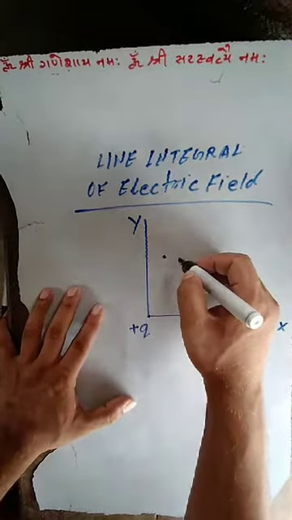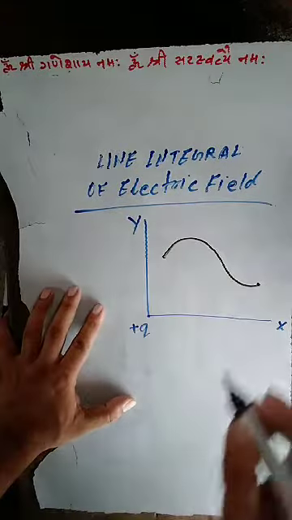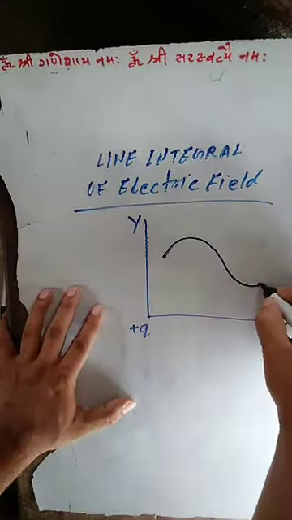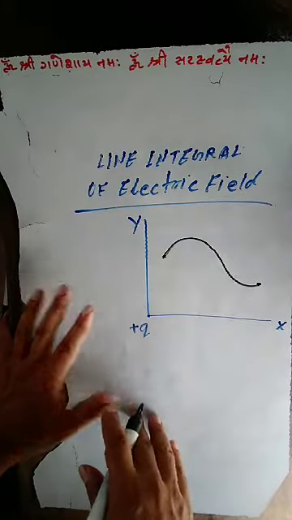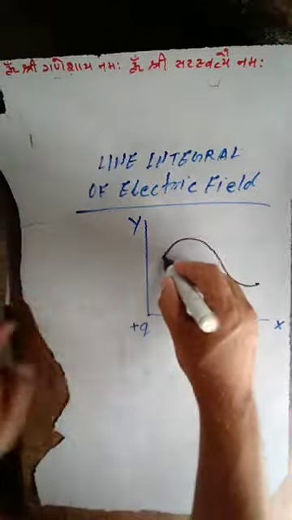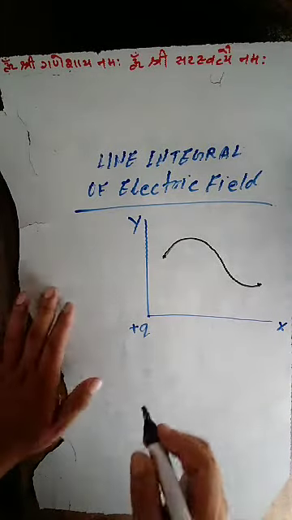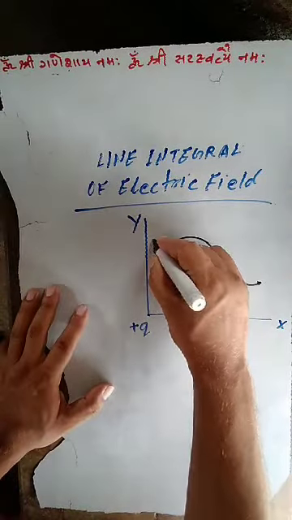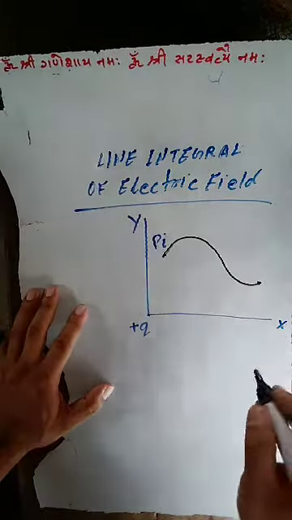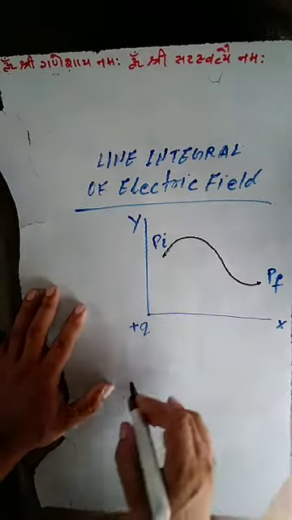Suppose there is any arbitrary path like this. This is your initial position Pi, and this is your Pf, final position.